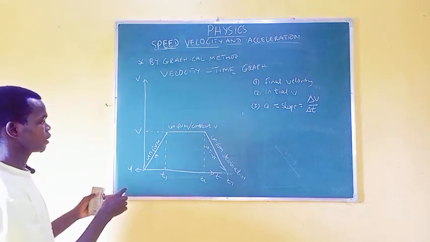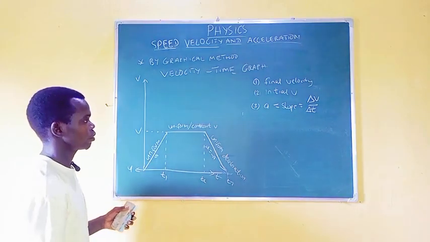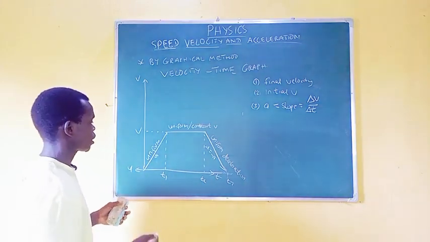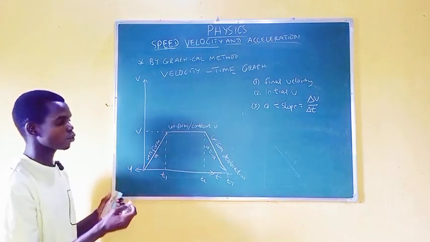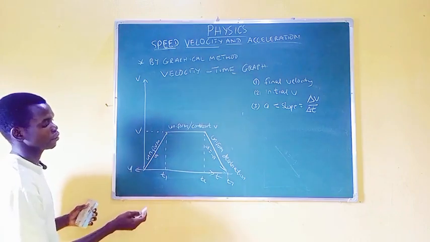And fourthly, we can find distance traveled by the moving object. And the distance is equal to the area under the graph.